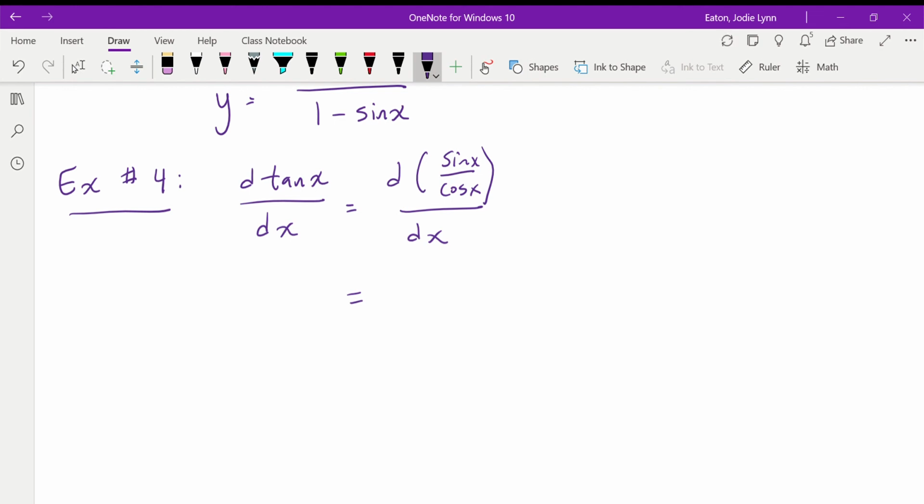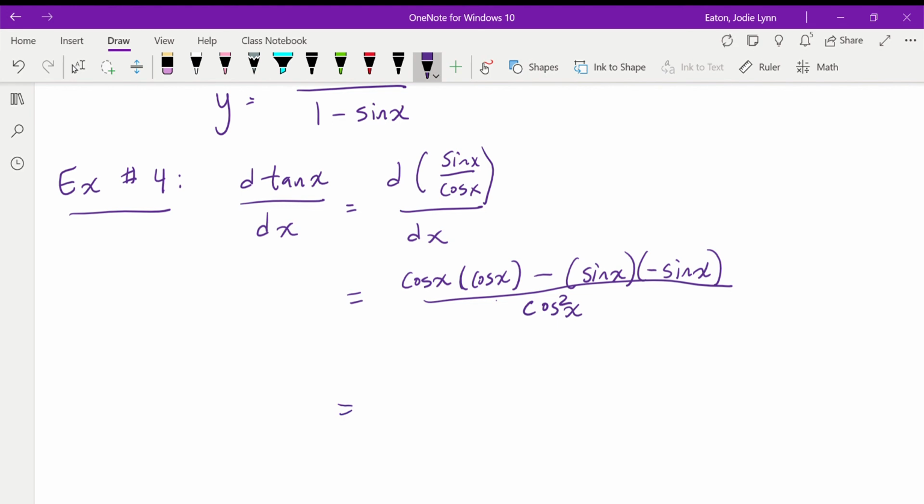Well, we have low cosine x d high, which is negative sine x, d, which is also cosine x, low d high minus sine x d low, negative sine x, square the bottom. We're going to write it as cosine squared x, and there you go.